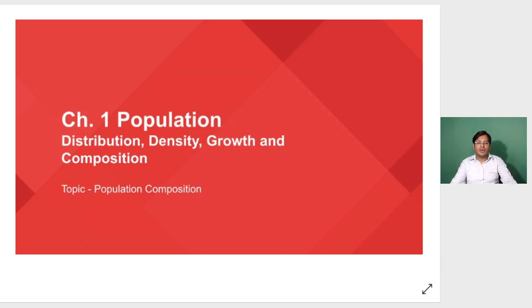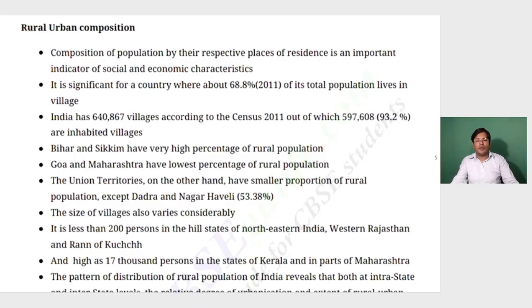The first component we are going to study is the rural and urban composition. When we talk about rural and urban composition, it is a very important fact regarding the population: how they live and where they live, what their places of residence are.